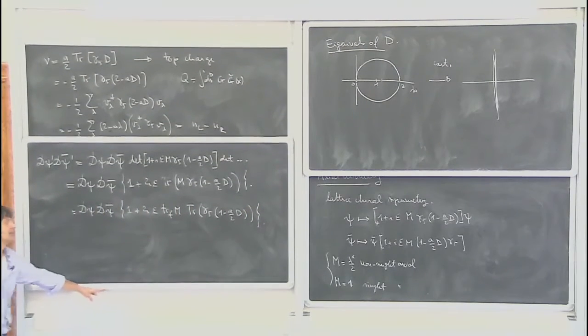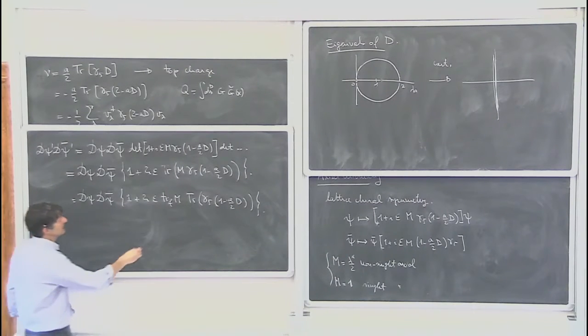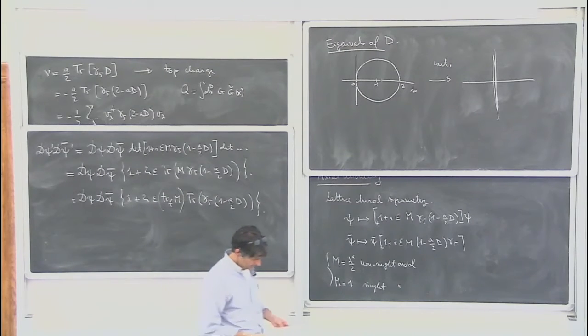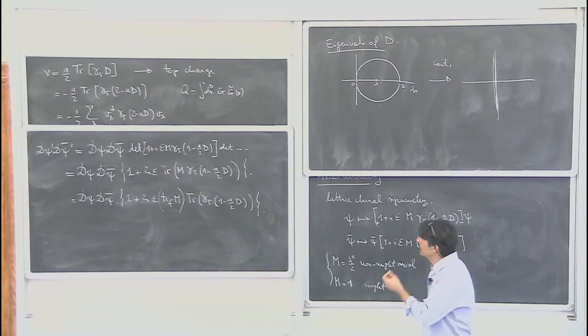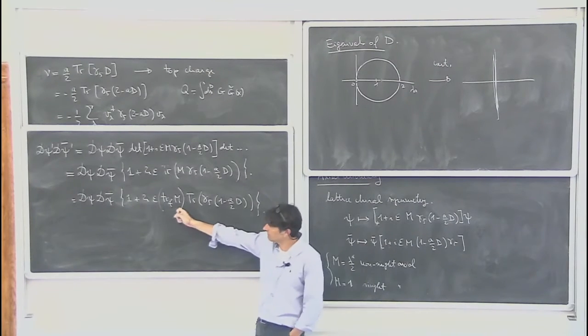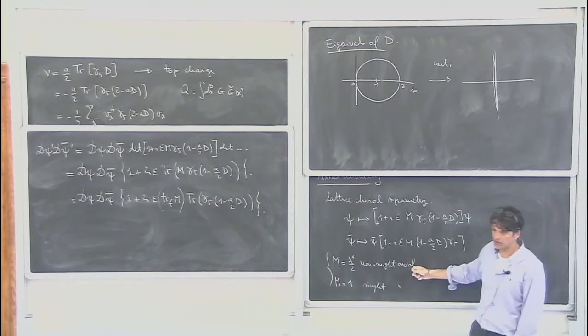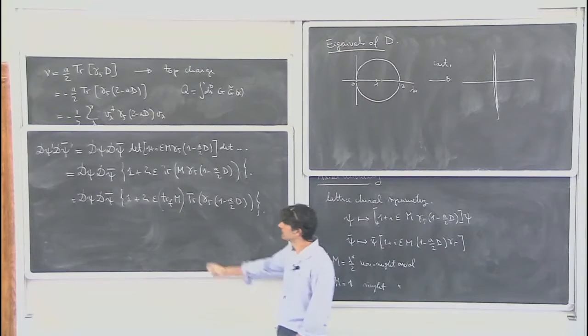So here you see immediately two things. First of all, if you are dealing with a non-singlet transformation, then this matrix M is a generator of SU(N), and so it's traceless.